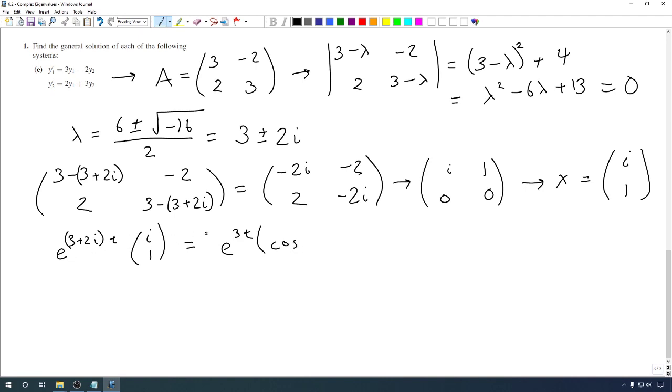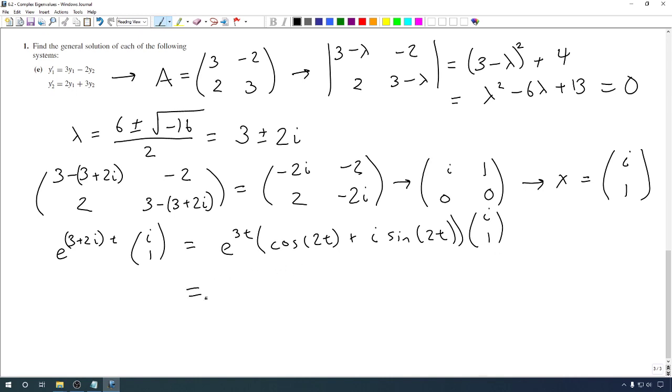Here, keep in mind, I'm distributing the t. So this is really e to the 3t plus 2ti. But using Euler's formula from before, the real part, 3t, is put on the e. The imaginary part, 2t, is then going to be inside cosine and sine. And that's still being multiplied to the vector i, 1.